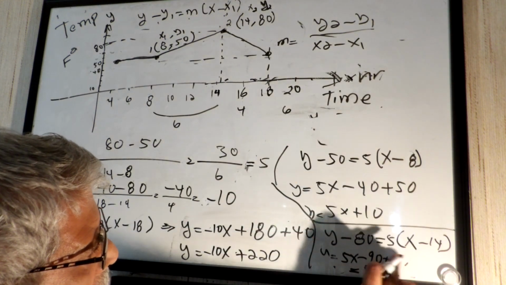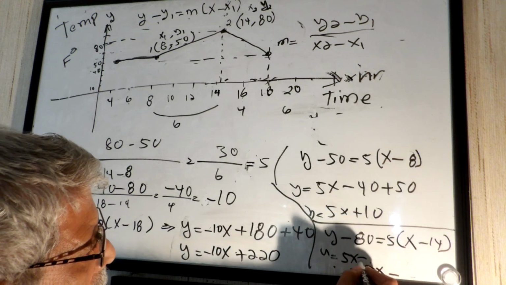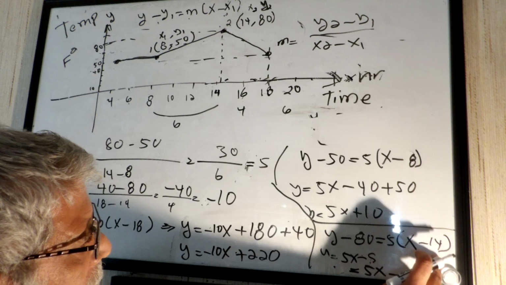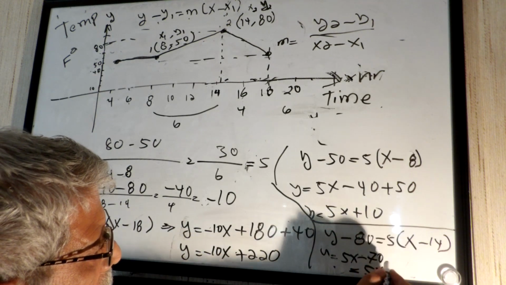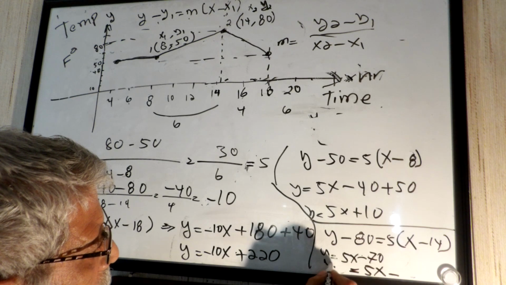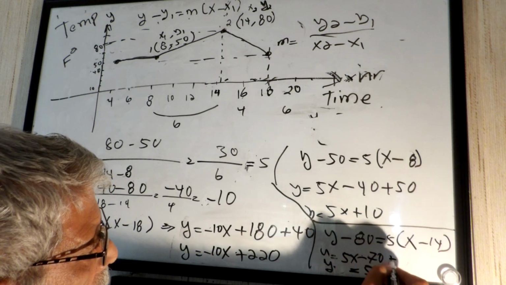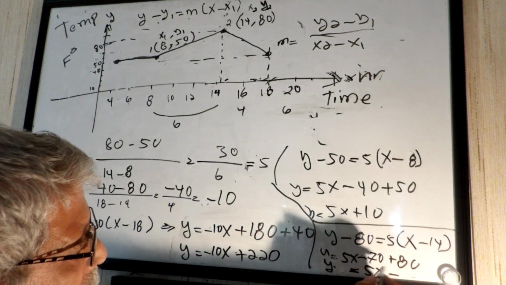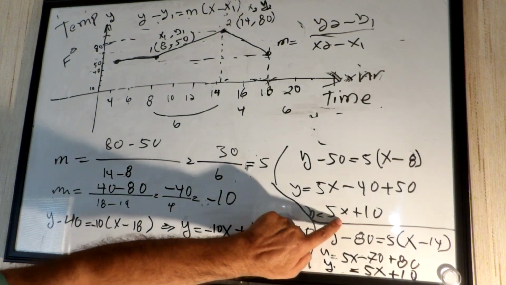This is going to be 5 times x, 5 times 14 is going to be 70, and then y is equal to, the 80 goes to the other side and changes its sign, so y is 5x plus 10. So no matter what point we use, we are going to get the same answer.